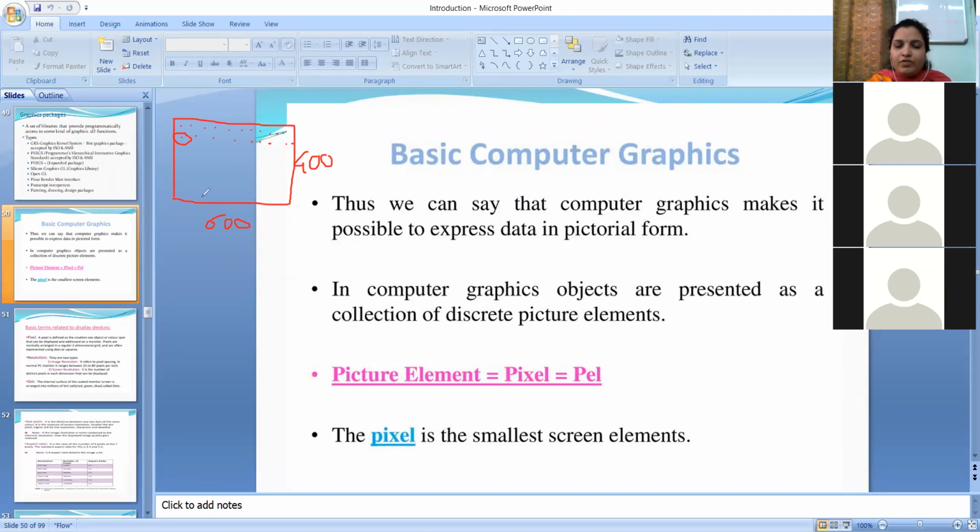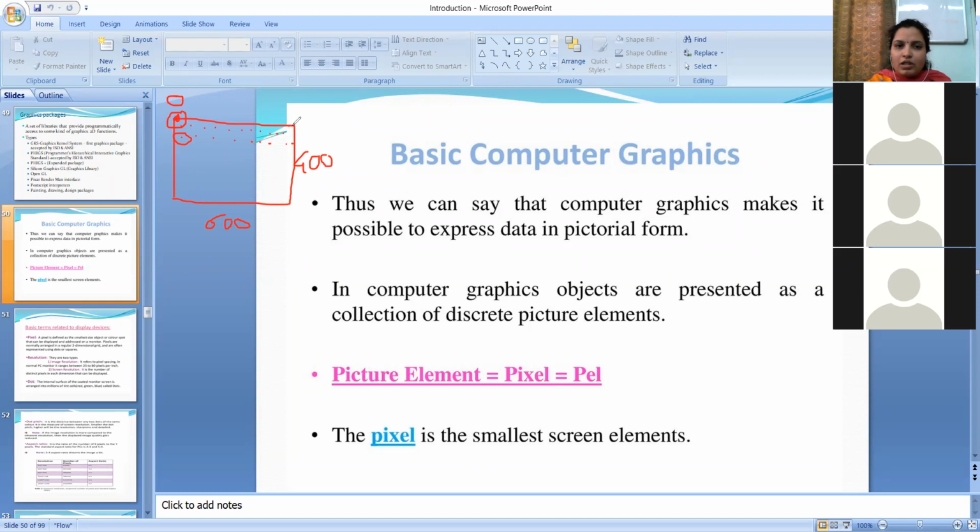Every point will have its own x and y value, that is x coordinate and y coordinate, where the top left corner of the screen is considered as the origin. This point is considered as the origin.